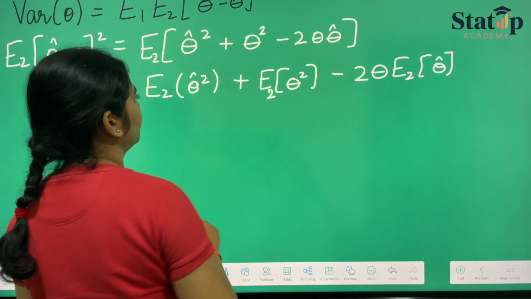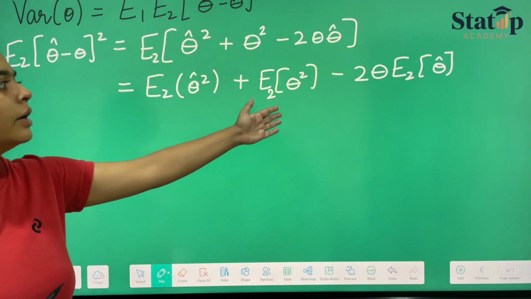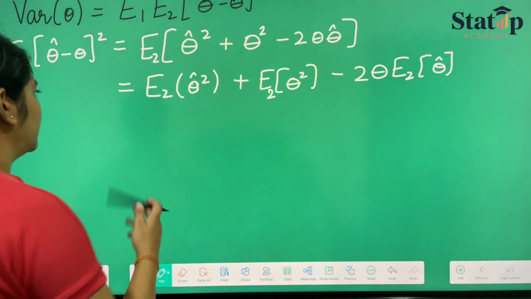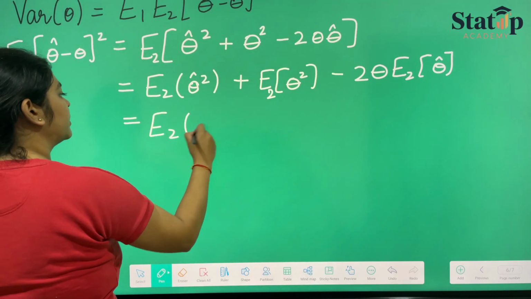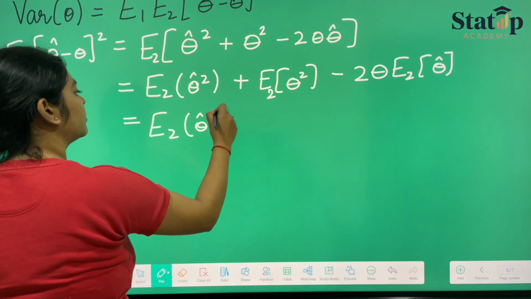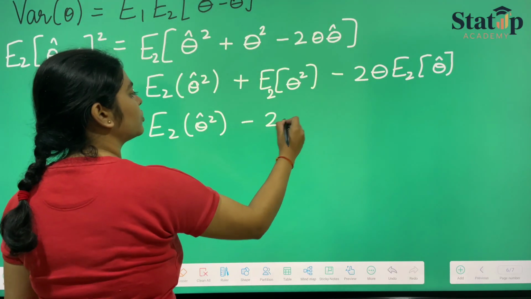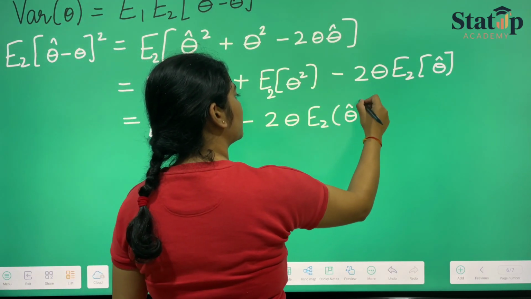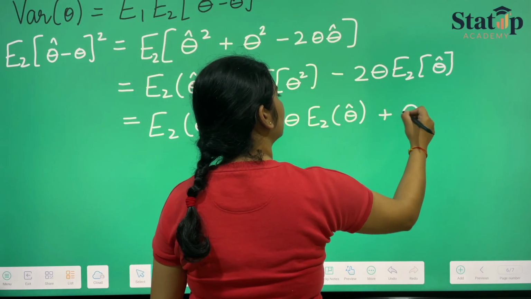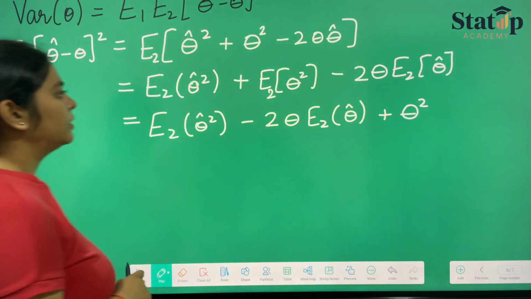Now we know that the expectation of a constant is a constant only, so we'll write it as E2 theta cap square minus 2 theta E2 theta cap plus theta square.